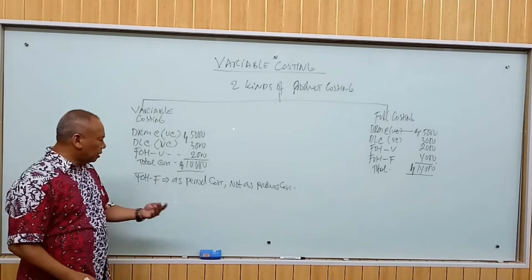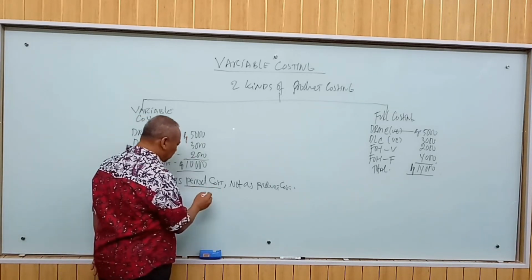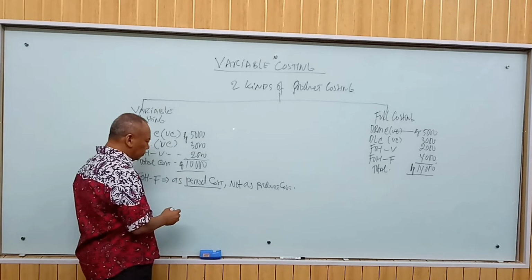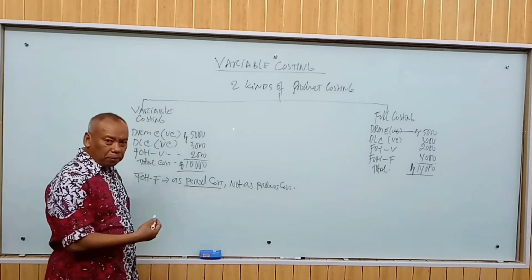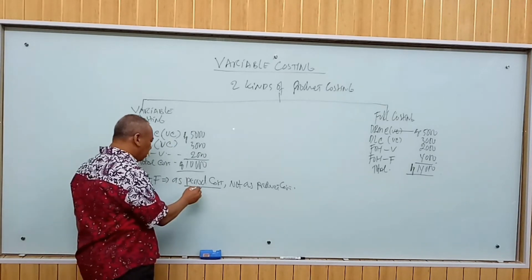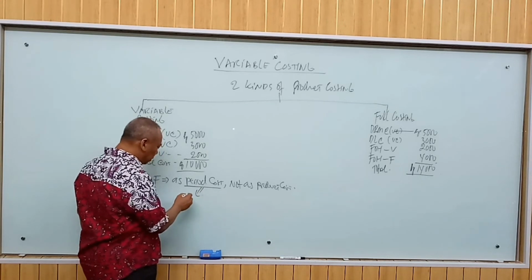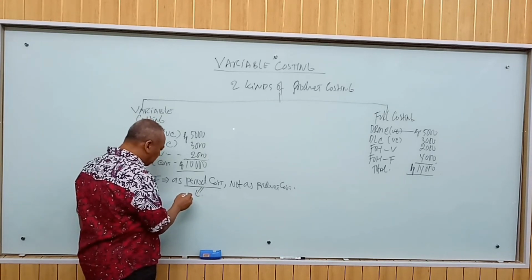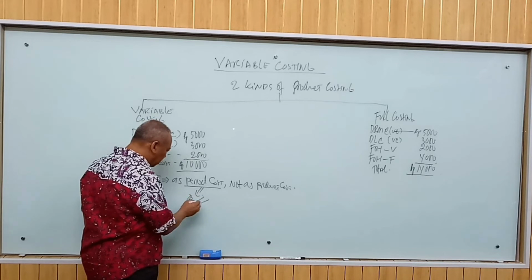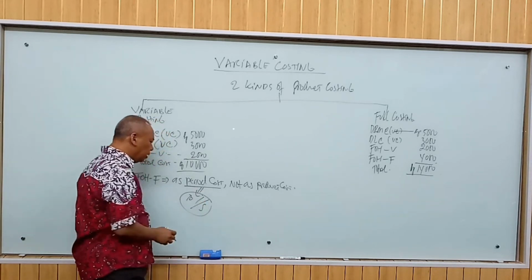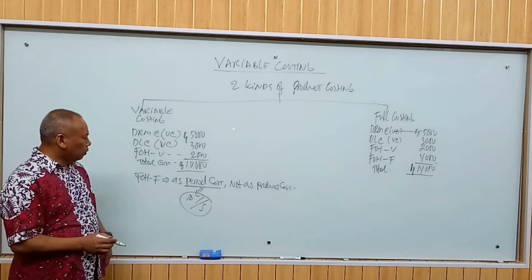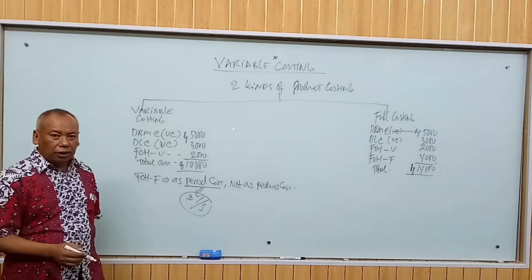Why do we treat it as period cost? Period cost will be reported to the income statement, right? So we report it to the income statement. So why do we treat it as period cost?